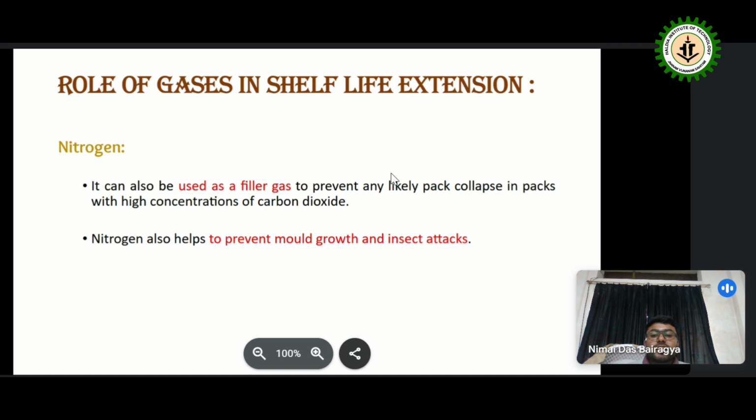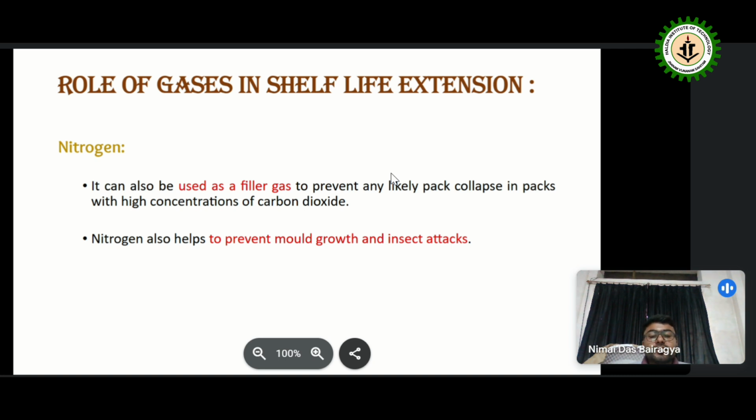Next, the role of nitrogen. It can be used as a filler gas for many types of packaged food, chips or biscuits, or many other processed food products. For packaging purposes, nitrogen gas is used for modified atmosphere packaging.